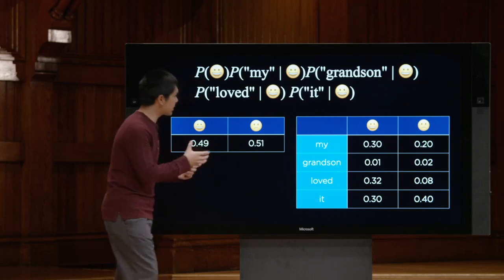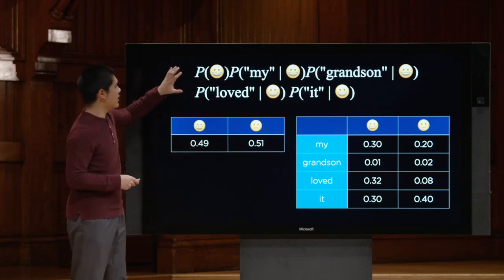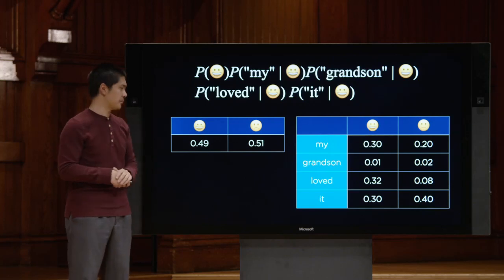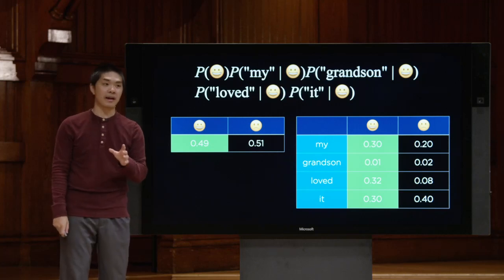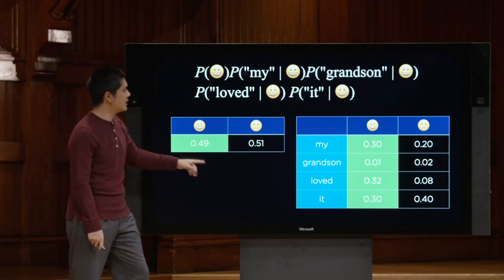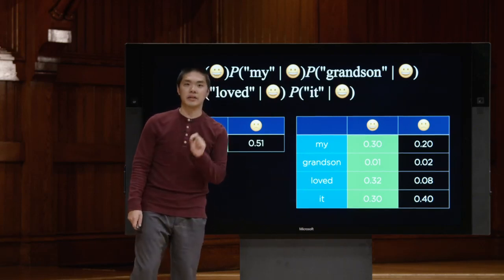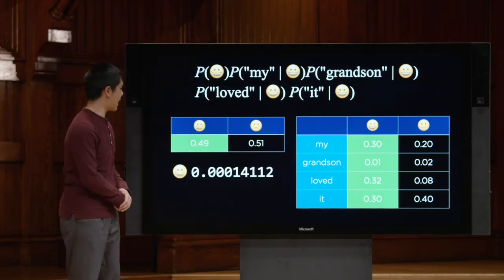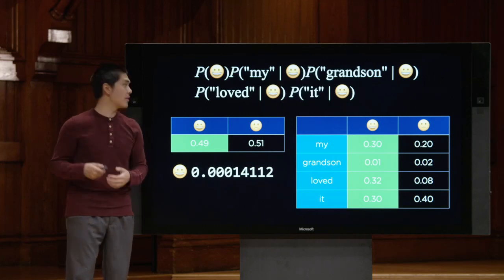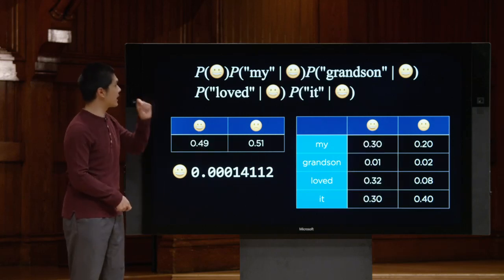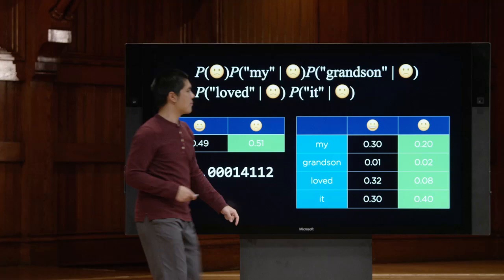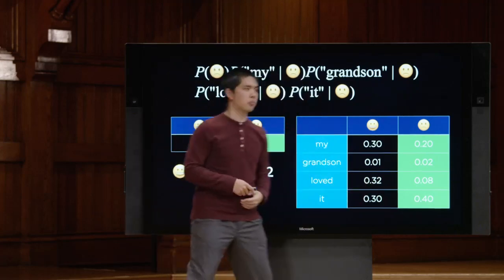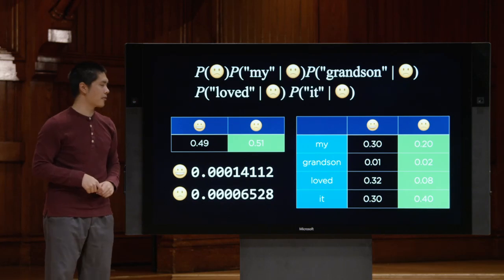So using this data, let's try to calculate the value we're interested in. To do that, we'll need to multiply all of these values together: the probability of positive, and then all of these positive conditional probabilities. When we do that, we get some value. Then we can do the same thing for the negative case. We take the probability that it's negative, multiply it by all of these conditional probabilities, and we get some other value.